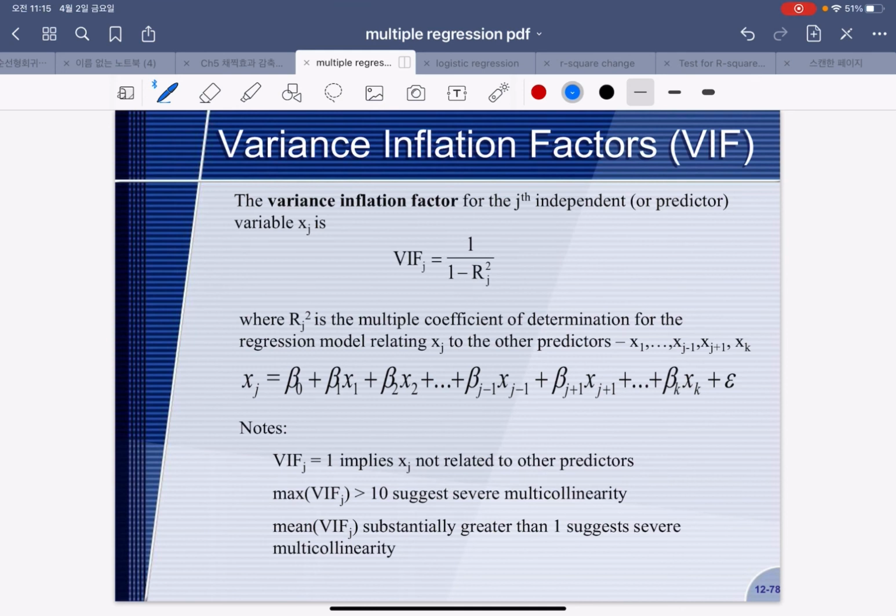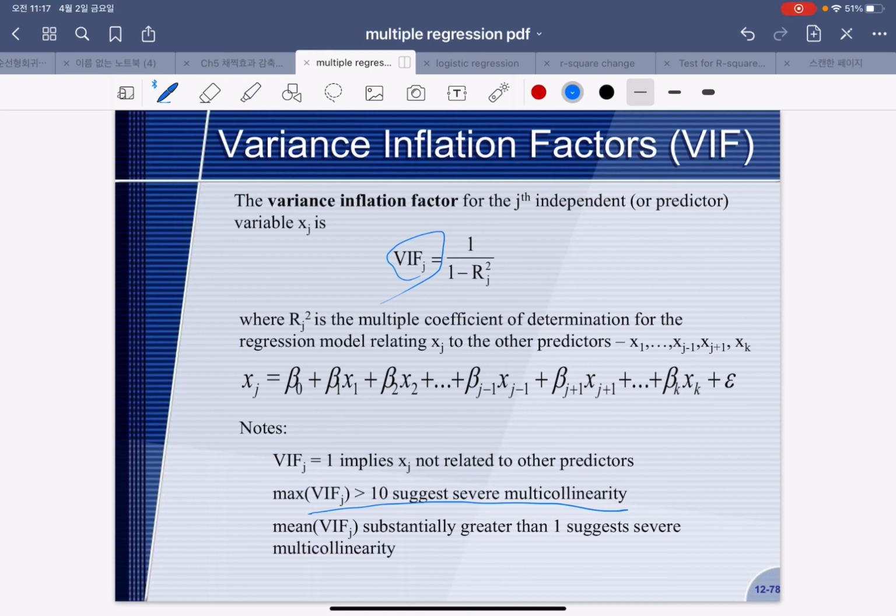In order to check whether you have a multicollinearity problem, you need to check the VIF value. If VIF is greater than 10, then you can say that there exists a multicollinearity problem. If you have VIF values greater than 10, then you expect a severe correlation problem among the independent variables.